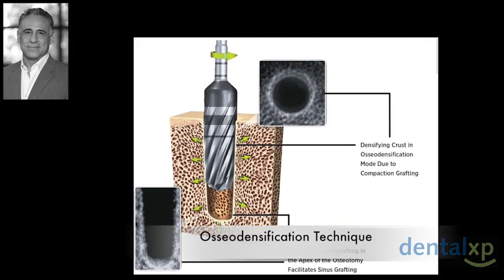First, we'll use osseodensification. It's a relatively new concept that, in my opinion, is one of the most exciting advances in implant site development. The technique involves the use of specially designed burrs that can be used for both osteotomy as well as osseodensification when used in reverse mode.